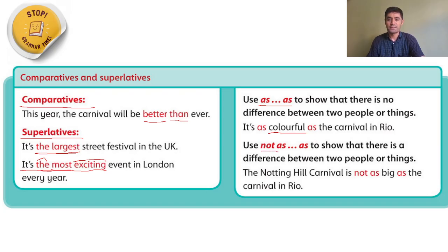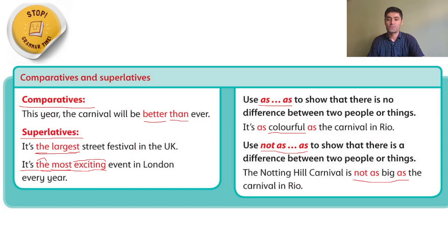Next is the negative form of as, and it is not as, to show that there is a difference between two people or two things. So this is basically a negative sentence, and let's take a look at this example sentence. The Notting Hill Carnival is not as big as the carnival in Rio.